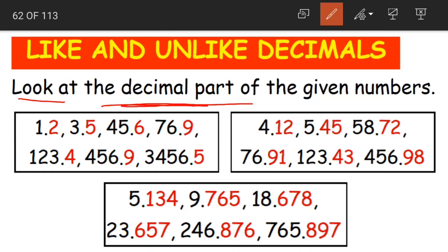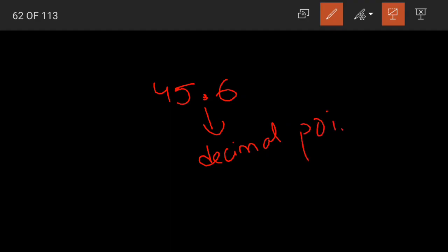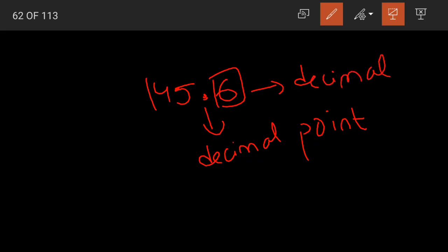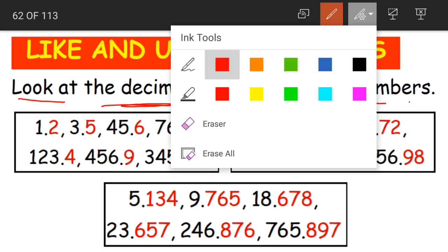Look at the decimal part of the given number. So suppose the number is 45.6. What is the decimal part here? This here in the middle will be our decimal point, and the numbers that we have written to the right side become our decimal part, and then to the left side the 45 becomes my whole number part. Now what are they asking us? They are asking us to observe the decimal part.